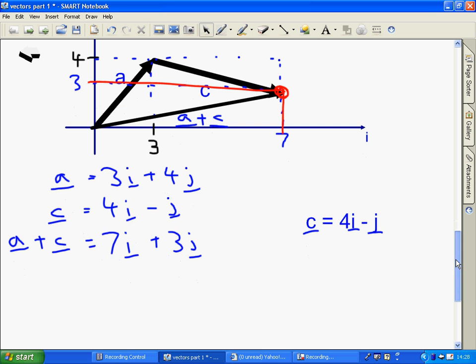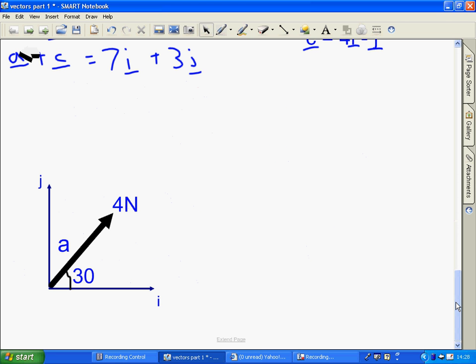Okay, the final and actually most used skill with vectors is to put it back into its component parts. We have here, say, a force of 4 newtons acting in direction of 30 degrees to the i direction.